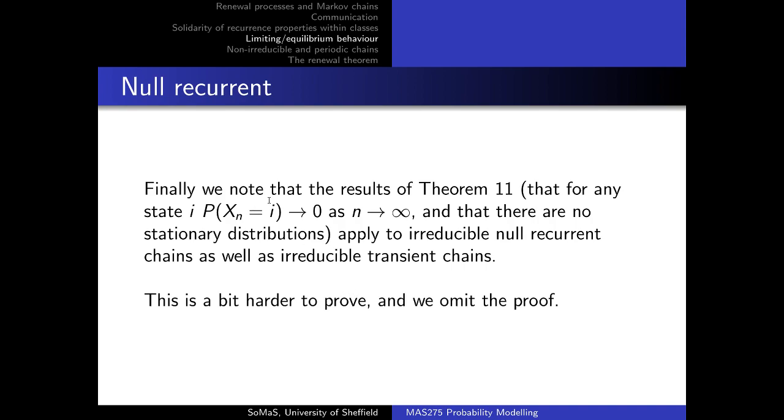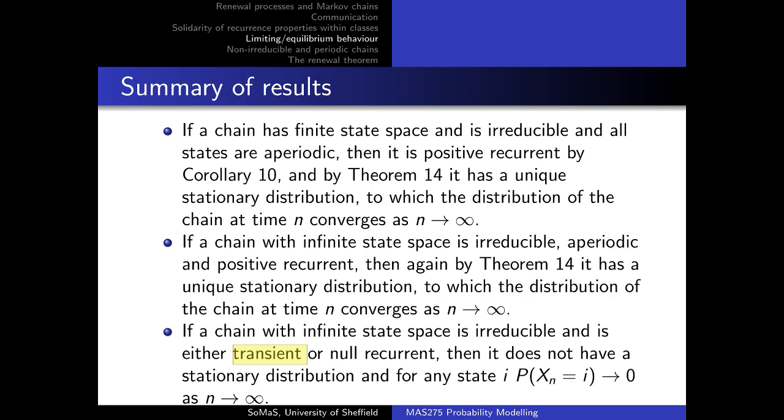So that's just what I said. Theorem 11 applies to irreducible null recurrent chains. So if you're null recurrent, then the probability of being at i at time n converges to 0. So for example, the simple random walk will do that on the integers. Okay, so that's what we know.